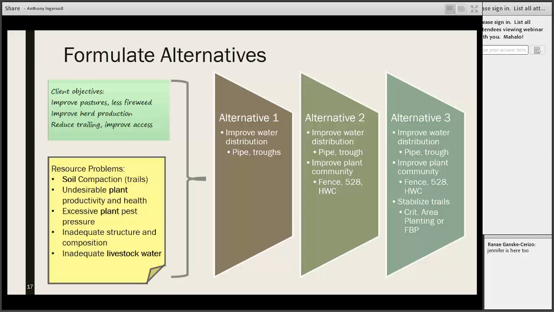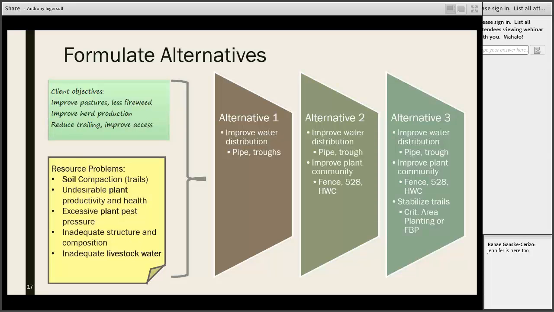This is a step that we call formulating alternatives. We have the client's objectives and the problems that we've identified together, so we start putting together options for the client to consider to start addressing them. He can choose which problems he's ready and willing and able to address and how he'd like to address them. Our job is to present him with the options and help him weigh those options.